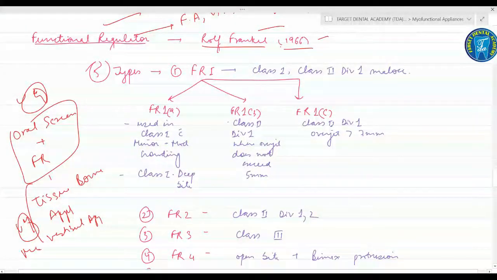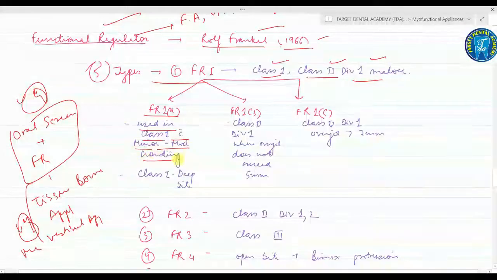Fine. So the FR or the function regulator is basically of 5 types. Type 1 is used in the treatment of class 1 and class 2 division 1 malocclusion. Fine. So there are 3 types of FR1: FR1A, which is used in class 1 with minor to moderate crowding.